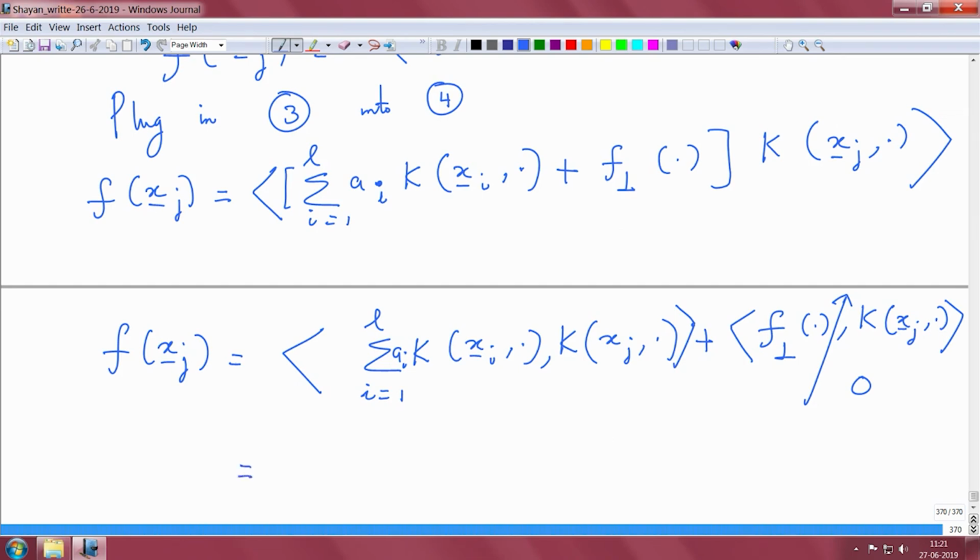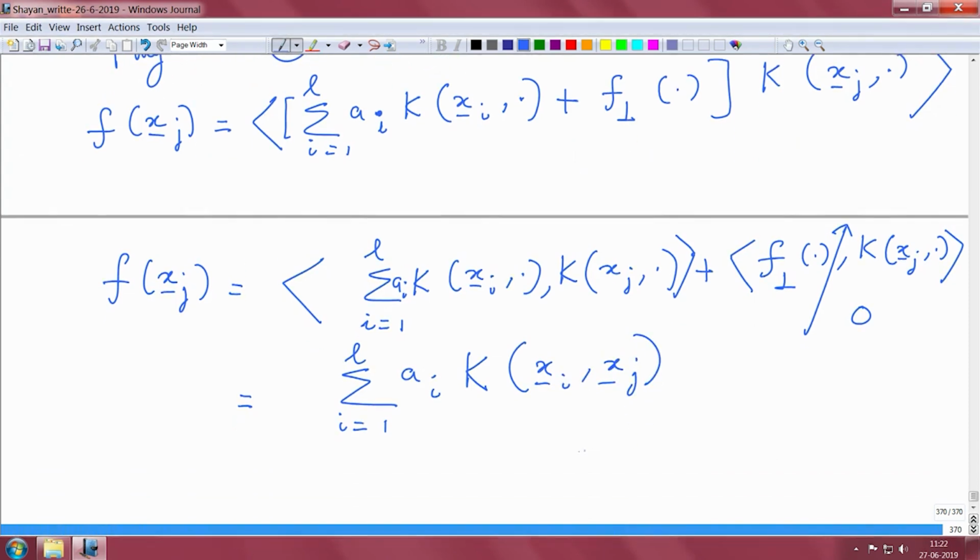I take the inner product, the second term is 0, the first term is basically an inner product of the kernel xj with data point x with the kernel xi and another data point x. By our definition we can write this as summation i equals 1 to L ai times kernel xi, kernel acting on xi and xj.